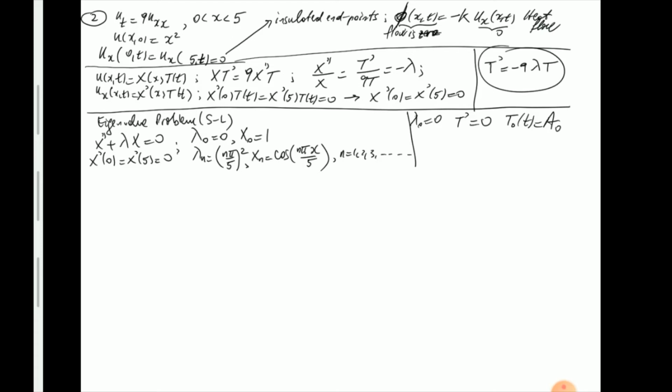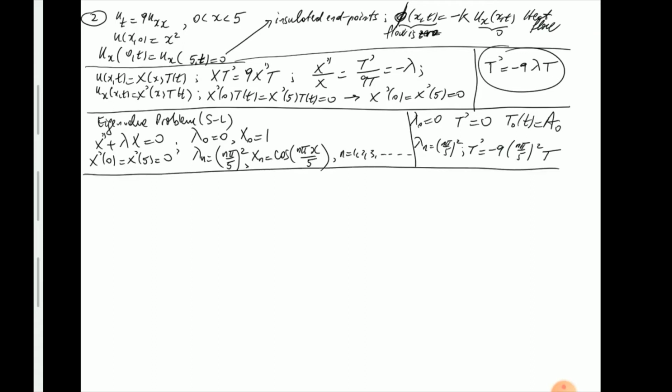And then the next one, lambda n equals n pi over 5 squared, leads to the equation t prime equals minus 9 n pi over 5 squared big T. Let me write it again on the left side, just to put everything into a power, for aesthetic purposes.